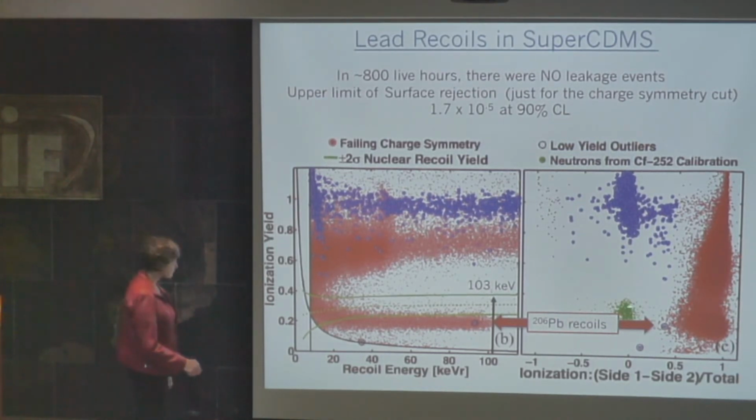Here we do. Here's a neutron source. And now this is our asymmetry cut, side 1 minus side 2, which pulls all of that stuff to the side, and we can easily identify where the neutrons are. Because we have so many of these, that is how we found out that our rejection of surface events was at the level of 1 in 10 to the 5.